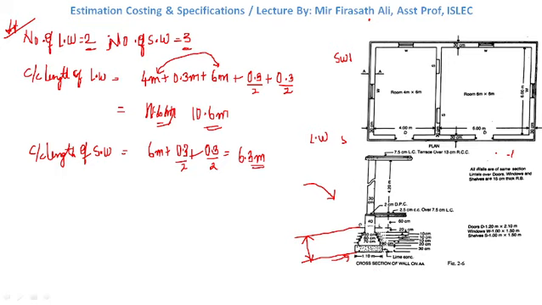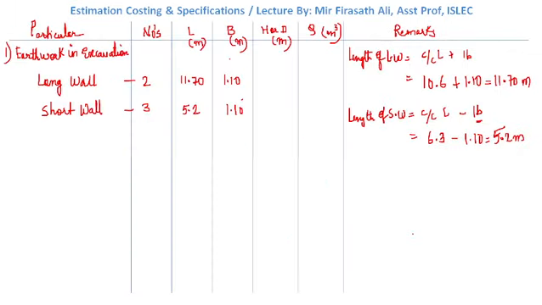So we need to add all these: 30, 20, 10, 10, 10, 20. If we add all this, 30 plus 20 is 50, 50 plus 30 is 80, 80 plus 20 is 100 centimeter. 100 centimeter in the sense 1 meter. We need to write it in meters.